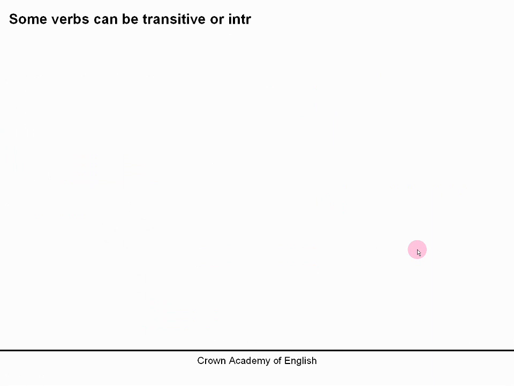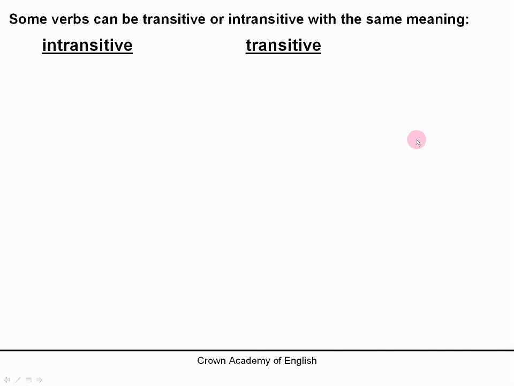Some verbs can be transitive or intransitive with the same meaning. Example, the door opened is intransitive, and I opened the door with an object is transitive, but the meaning of open is the same. Jane is reading, intransitive.